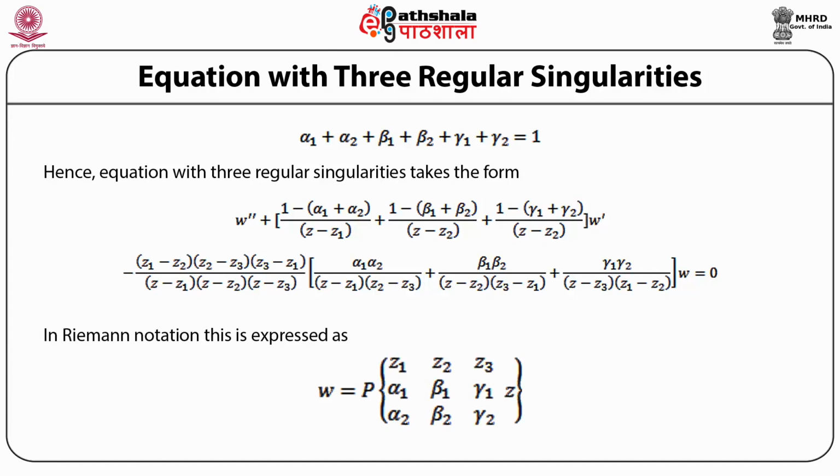This may be expressed in Riemann notation as W is equal to P of z1, z2, z3, alpha 1, beta 1, gamma 1, z, alpha 2, beta 2, gamma 2.